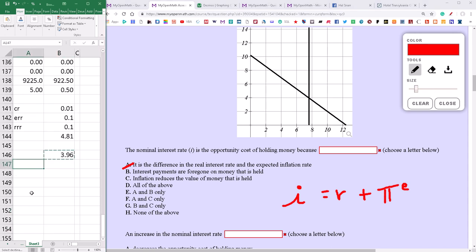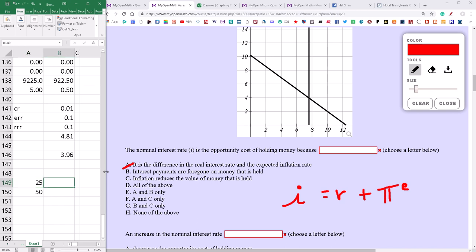So over here in Excel, if something costs $25 at the beginning of the year and the inflation is 100%, what happened to the price? The price went up to $50. So if you were able to buy, let's say, two of them at $25.